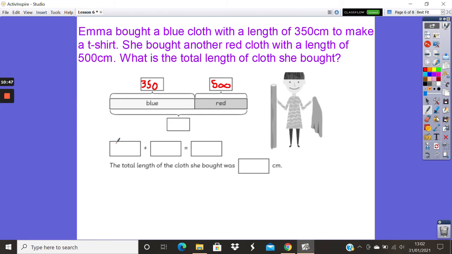So now we need to find the total. Okay, so we've got 350 add 500. If you need to, you can put that in column addition, so you would do 350 add 500, five tens, and then 800s, giving a total of 850.